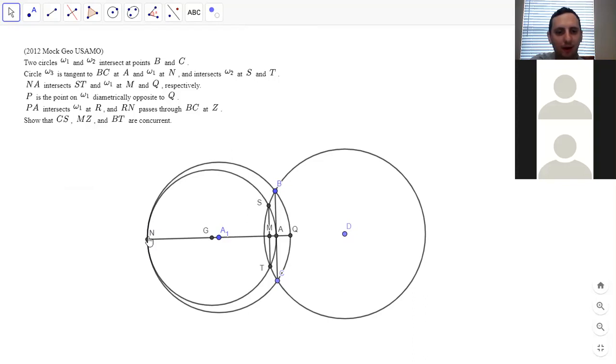This is maybe not the best picture because the circle could be tangent to BC at some point that's not the midpoint. So I'm not even sure how I would be able to figure that out.